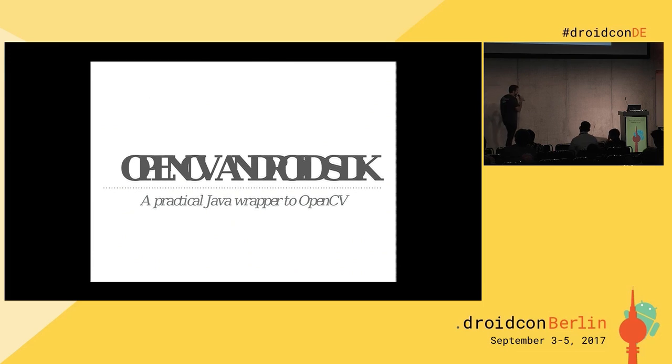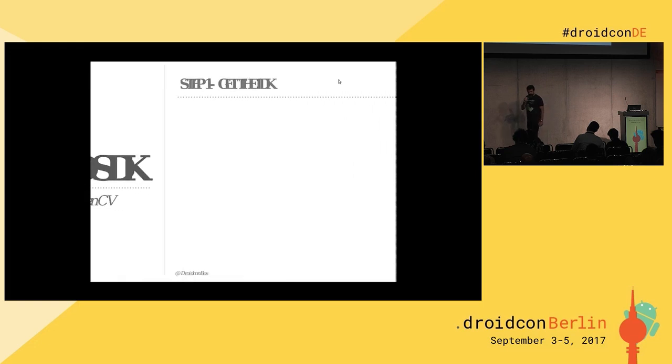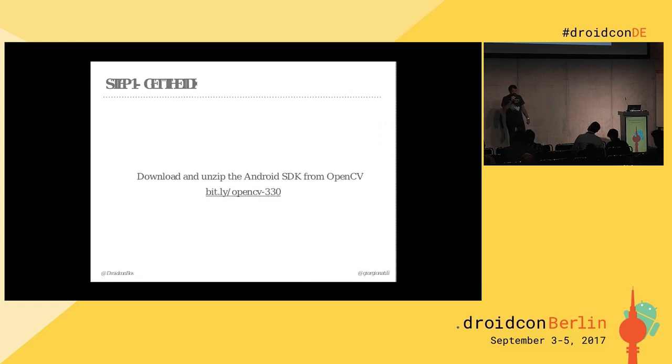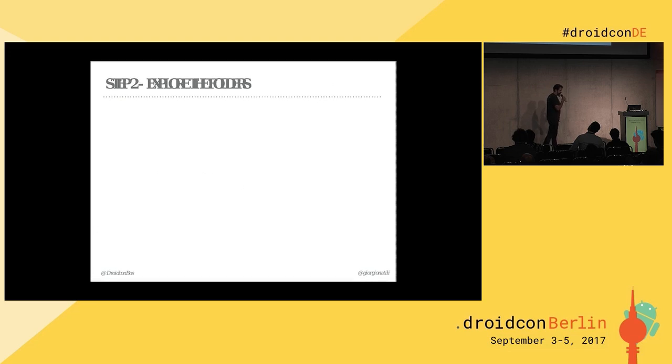OpenCV. Let's see how to set up OpenCV and the Android NDK together. In this way, we can take advantage of the OpenCV SDK for Android, that is a Java wrapper around the C++ functions. So first of all, you download the latest version of OpenCV.